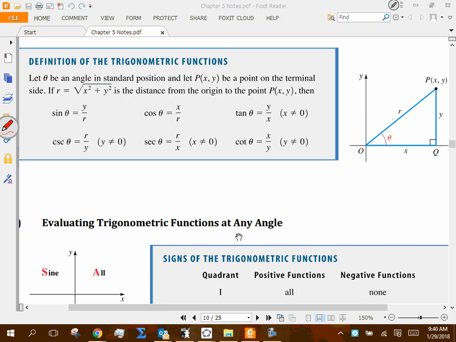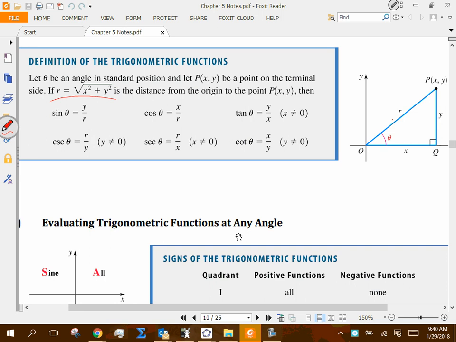And logically, all r has to be, no matter where x is, whether it's in the first quadrant, second, third, fourth, you're going to square it so you get a positive number. No matter where y is, you're going to square it and get a positive number. So r always has to be a positive number, right? So there's no way, with the way we define things here, that r could be 0.